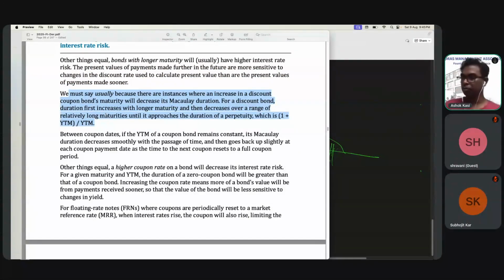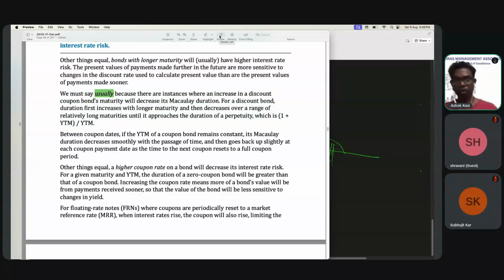We must say usually, because there are instances when an increase in your discount coupon bond's maturity will decrease its Macaulay duration. We must say usually is highlighted here.